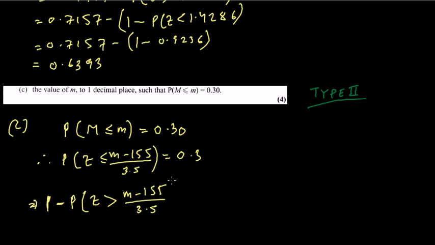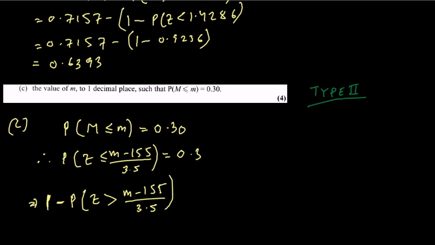Remember, this is continuous, so the equal to sign doesn't matter. The rule I mentioned before: if it is z is greater than a, we can write 1 minus probability of z is less than a, and if it is z is less than a, we can write 1 minus probability of z is greater than a.